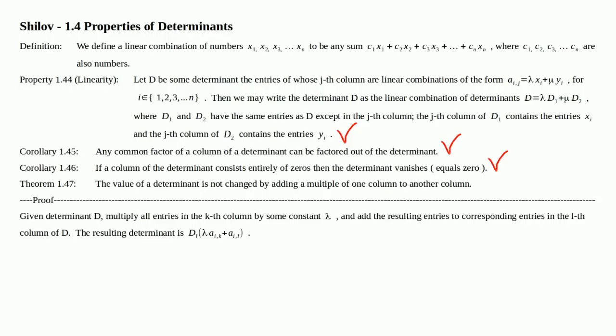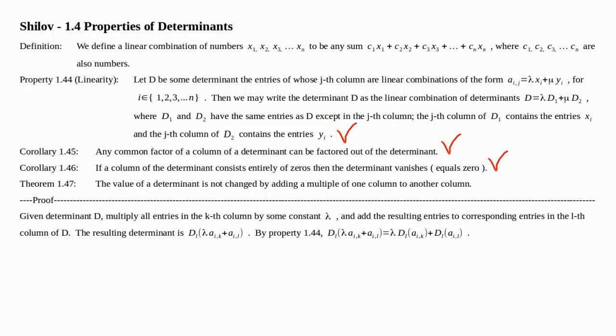So D sub L of lambda times A sub ik plus A sub il. So we're replacing the lth column with that linear combination there. Okay. By property 1.44, that is the linearity property, D sub L of lambda times A sub ik plus A sub il is equal to lambda times D sub L of A sub ik plus D sub L of A sub il.